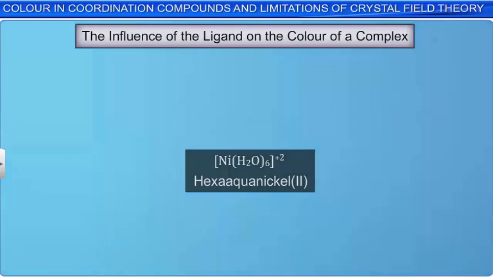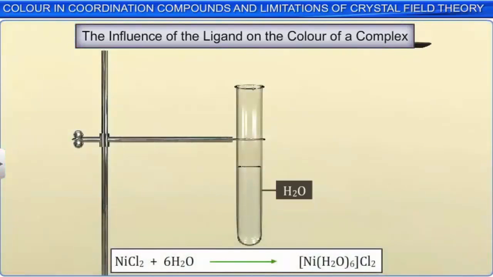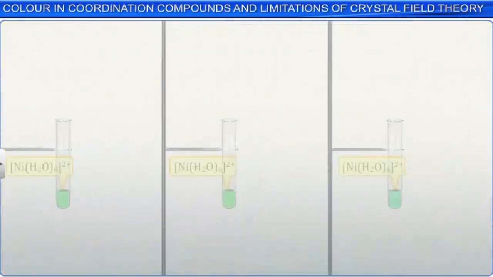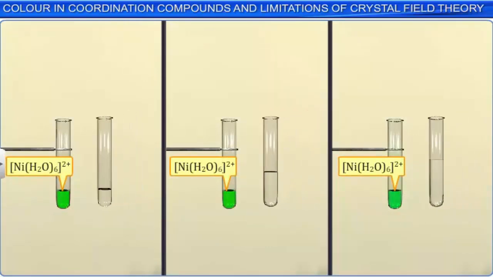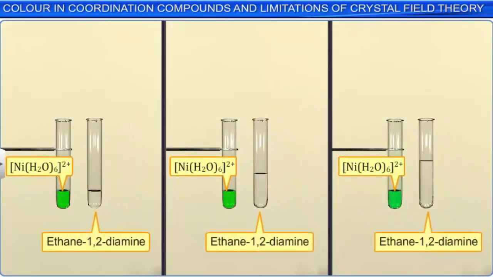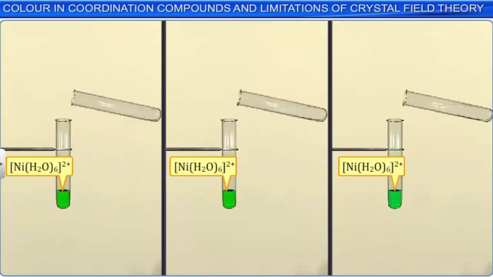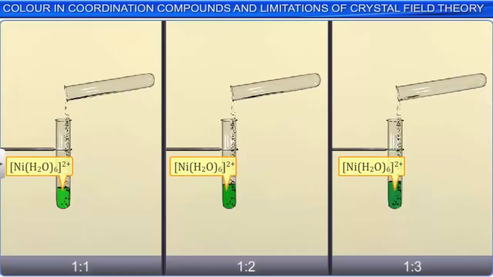When nickel(II) chloride is dissolved in water, it gives the green [Ni(H2O)6]2+ complex. To this complex, if the bidentate ligand ethane-1,2-diamine is added progressively in different molar ratios, different complexes with varying colors are formed.